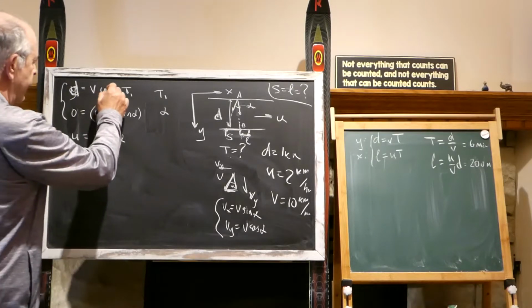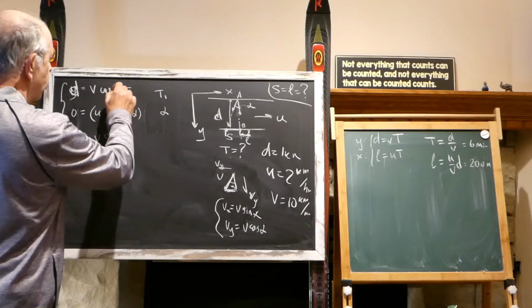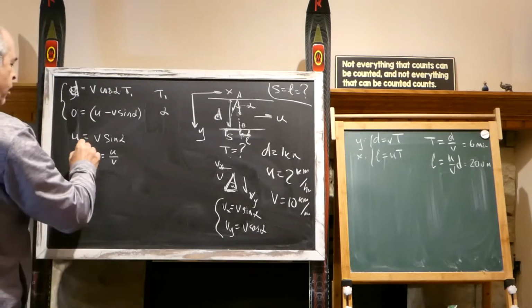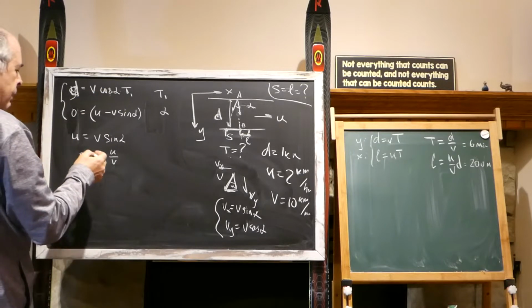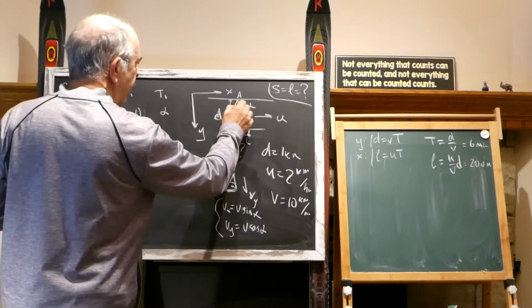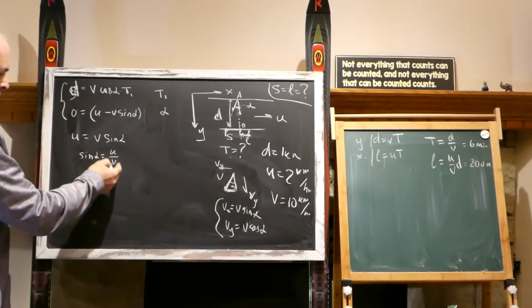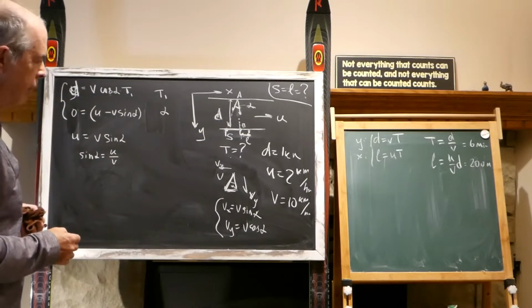And we can put it here for cosine alpha. First of all, we immediately find alpha, what they ask us: sine alpha equals u over v.